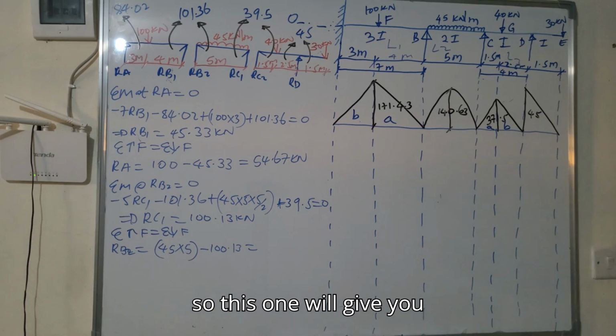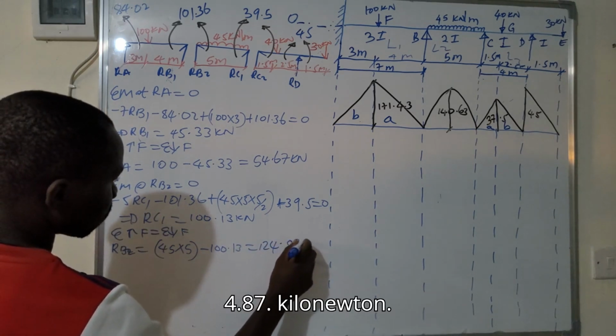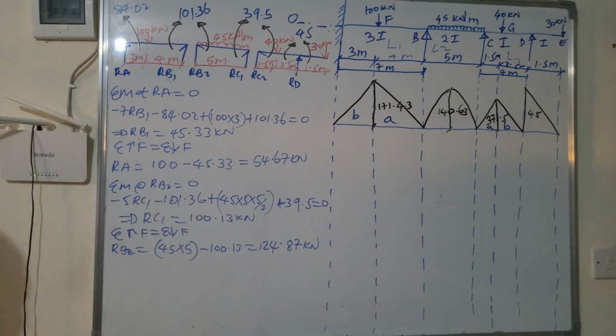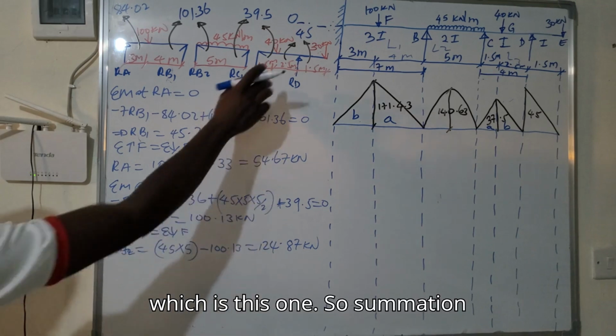So this one will give you 124.87 kilonewton. And then we proceed to the last section, which is this one.